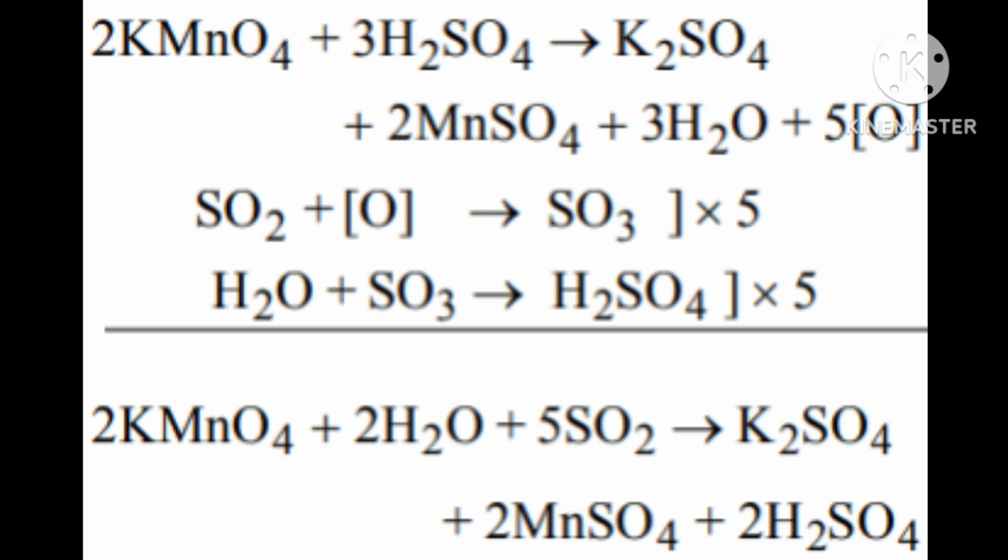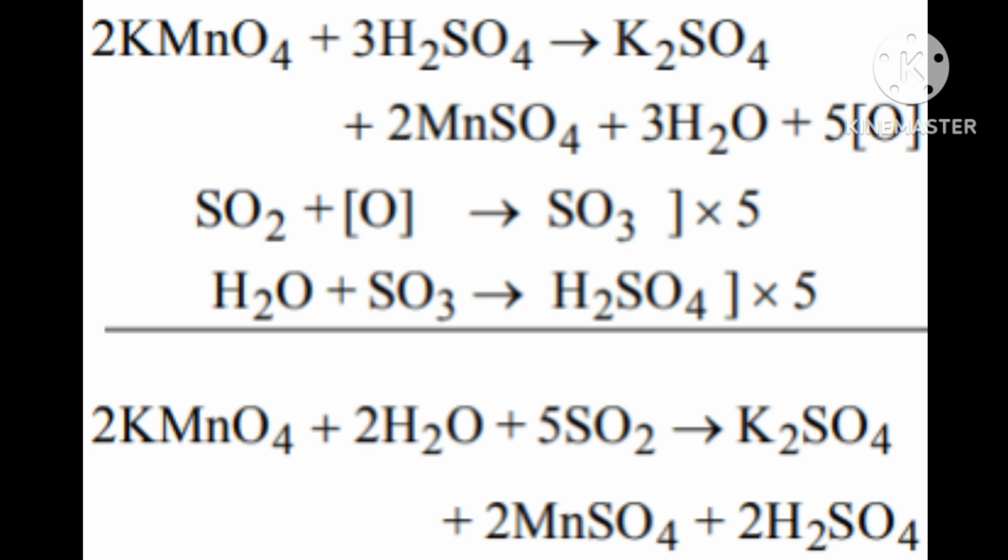But in practice the reaction is extremely slow. The rate of reaction is slow unless either manganese(II) is present or the temperature is raised. If manganese(II) is present the reaction rate will be high, or the temperature should be higher.